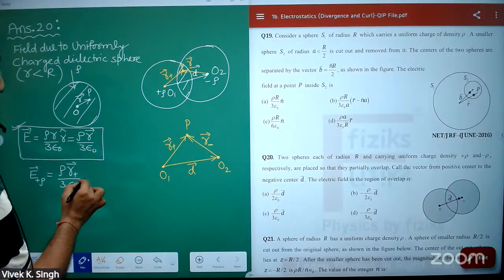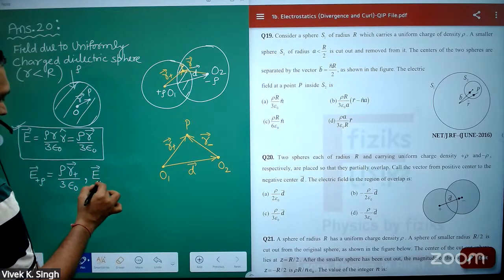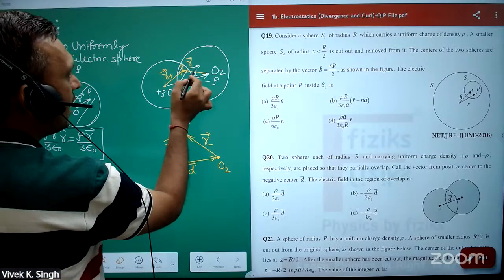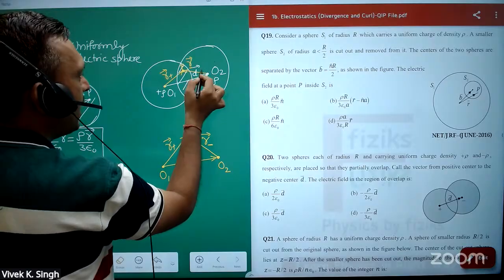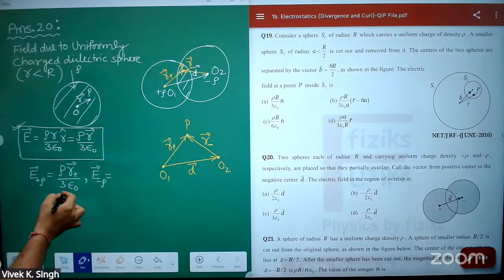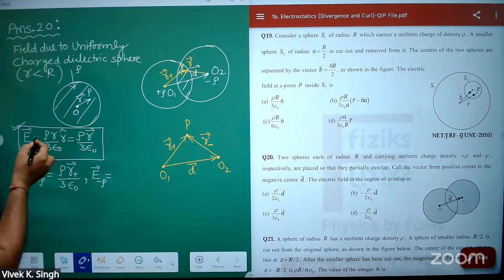Now, what will be E minus rho? Now R from the center of the minus rho charge, distributed uniformly at R distance. You have to take a minus sign because the charge is negative. This is for positive charge density.